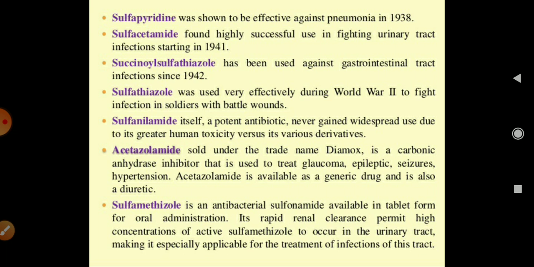Sulfamethizole is an antibacterial sulfonamide available in tablet form for oral administration, and its rapid renal clearance permits a higher concentration of the active drug to occur in the urinary tract. Okay, so these are some uses of sulfa drugs.